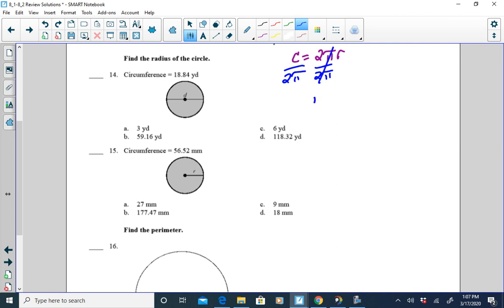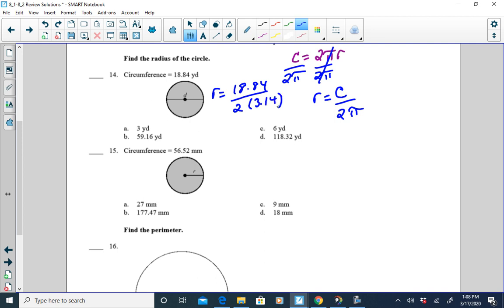So the radius is going to be equal to its circumference divided by 2 times pi. Okay, well, we're given that the circumference of the circle is 18.84, so the radius is going to be equal to 18.84, because that's the circumference, divided by 2 times pi, which we'll use 3.14.